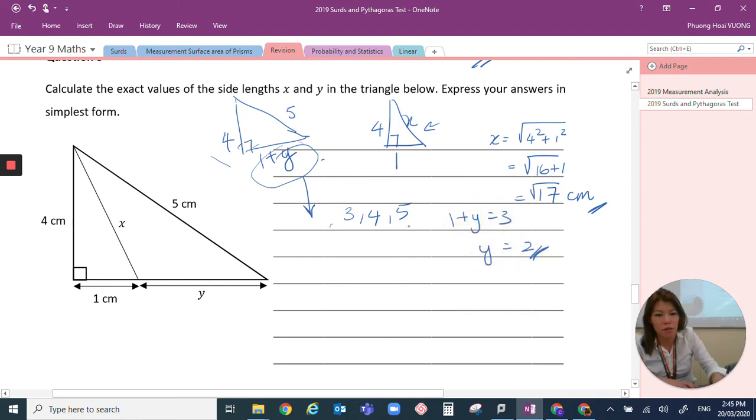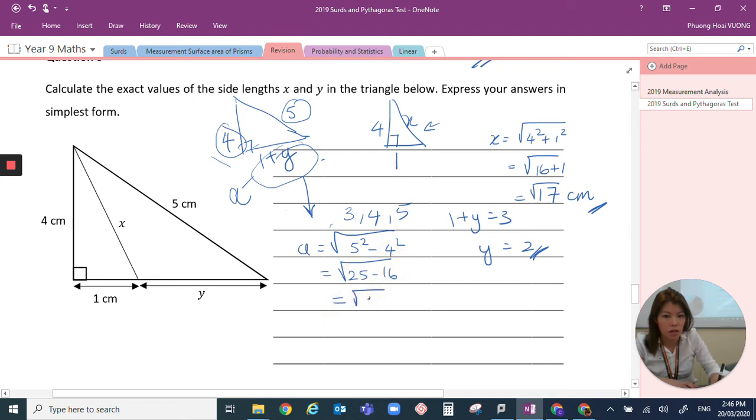Now if you did not figure that out, that is fine. We can work it out as we have 4, 5, and let's call this bit a. So a is equal to the square root of 5 squared minus 4 squared, which is the square root of 25 minus 16, which gives us the square root of 9, which is just 3.